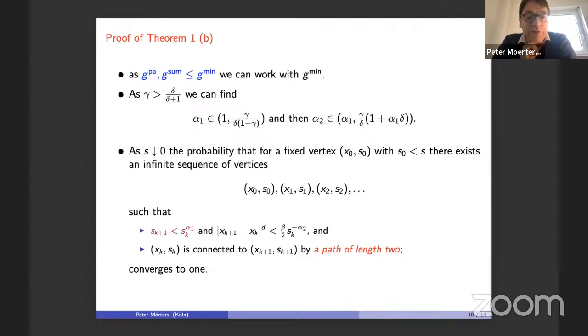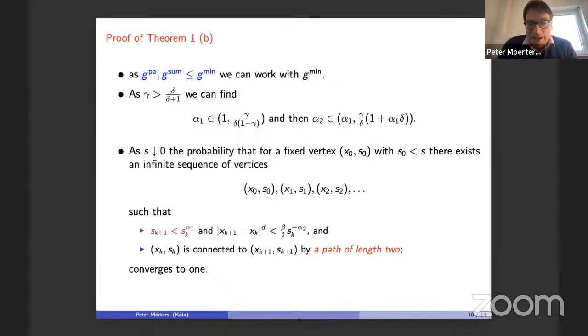What's crucial for the existence of an infinite component that cannot be destroyed by reducing the edge intensity, or by percolation if you want, is that this has to go to vertices of increasingly large degree, and these vertices exist, of course, in our model.